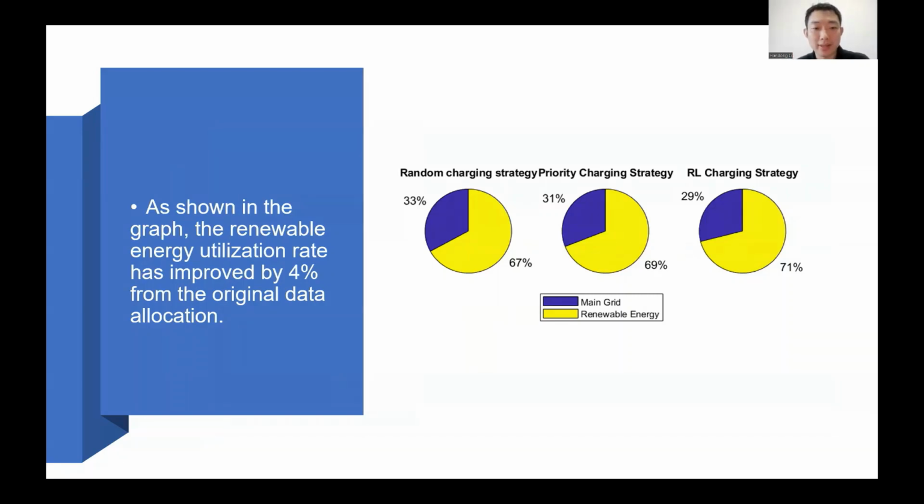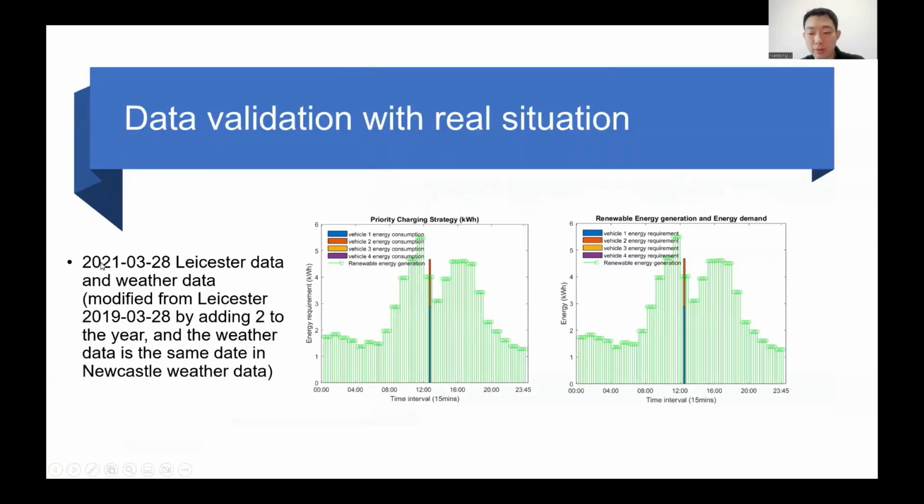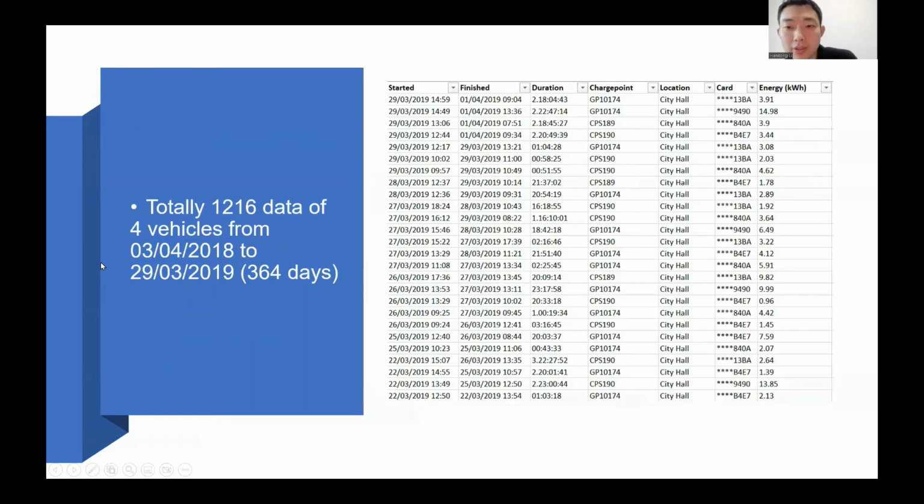Why is the number here not very dramatic, just 4%? Because if you look at the original data, you can see that it has a really long time duration. For example, the first one is over 2 days, and the consumption of the energy is just 3 kilowatts per hour. So this is really small. Also, the start time is in the afternoon.